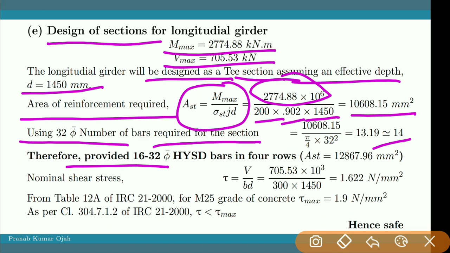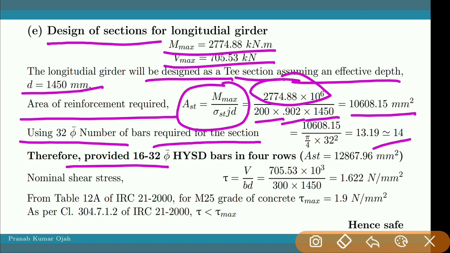You may ask, though 14 reinforcement bars are enough, why are we providing 2 more? To have enough space in between the reinforcement, we will provide it in 4 layers.